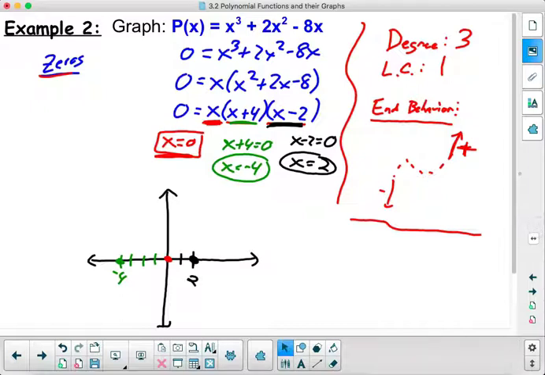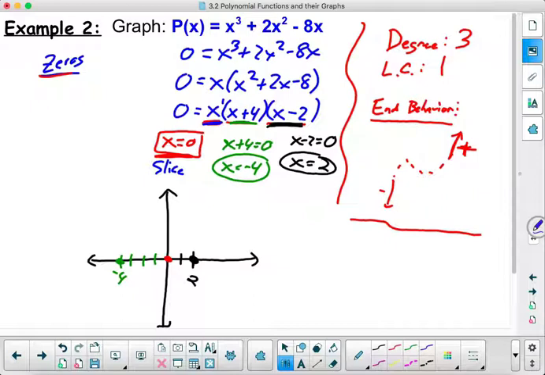So I know that my graph crosses there. Now if I look carefully at each of these though, this one is an x to the first, that's a slice. So that's going to make a slice because it has a multiplicity of 1. This one is also going to be a multiplicity of 1, so a slice. And the last one, because I just have one of them, is also going to be a slice. So all 3 of these zeros are going to be slices. They're going to slice through my graph.